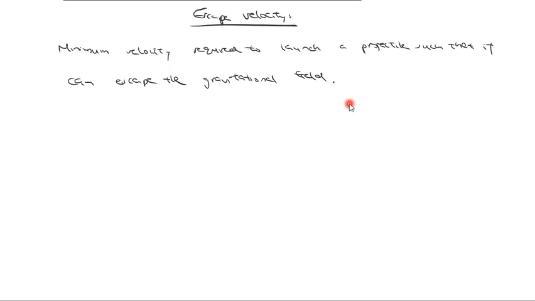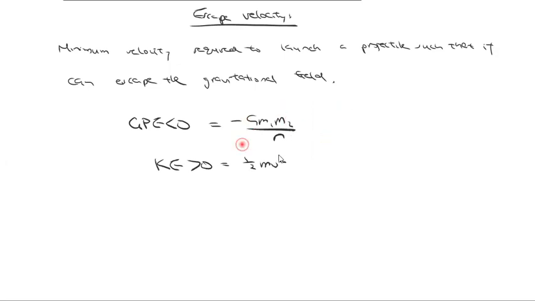And remember GPE is negative, it's negative G m1 m2 over r. And you're giving it KE, which must always be positive, which is half mv squared. And so you're trying to escape the gravitational field, and this is kind of like being in debt. So you need to figure out just how much in debt you are, and you're giving it KE, all right?